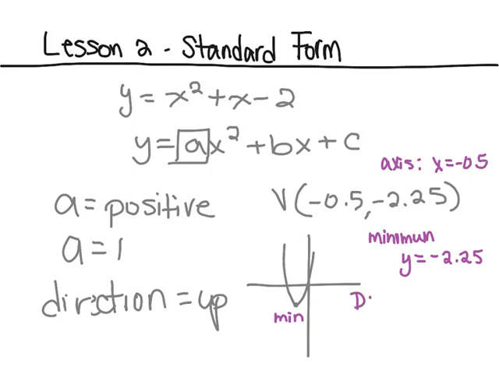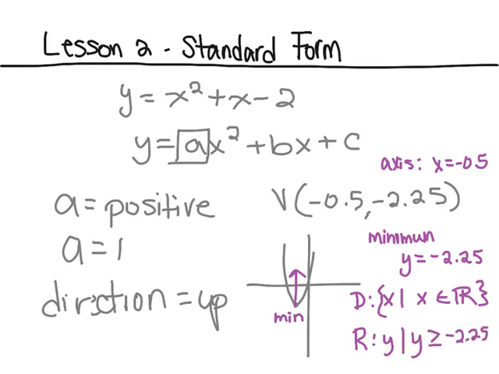Our domain goes on and on forever, left and right, so x such that x is an element of the real number set. And our range, we want it to go above negative 2.25. So y has to be greater than or equal to negative 2.25. So there's all of those properties about this function.